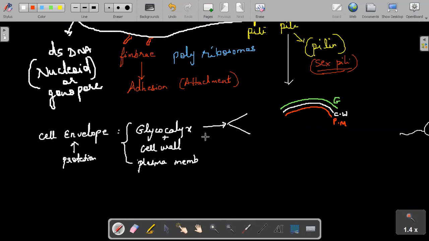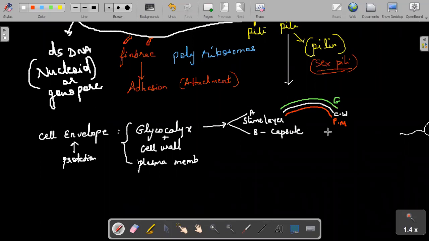Let's come to glycocalyx. Now this glycocalyx could be of two types, A and B. The glycocalyx could be a slime layer, or it could be a capsule.